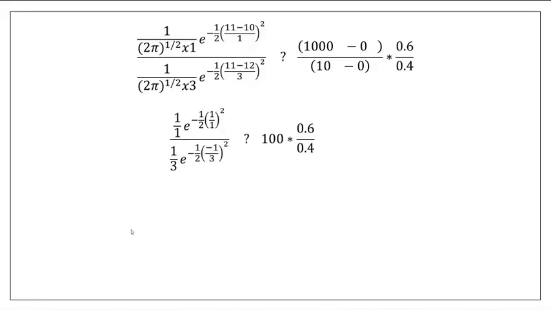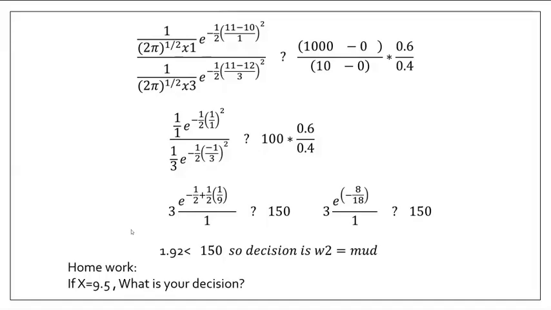Go on solving this. On the left hand side, you have this equation in the form of an exponential, and the right hand side is 150, which is a constant. If you keep on solving, you will get the ratio as 1.92 and the right hand side is 150. So the decision is mud.